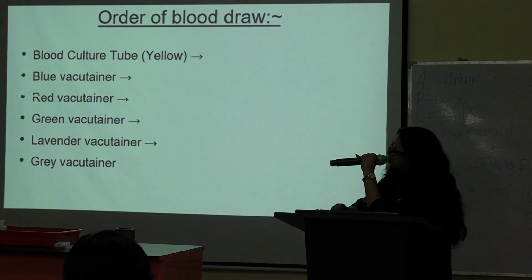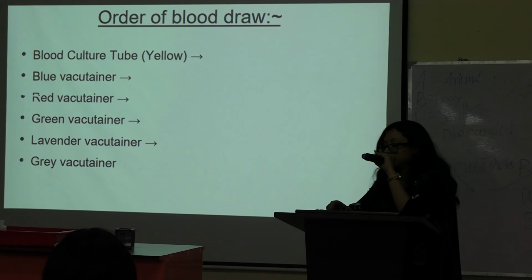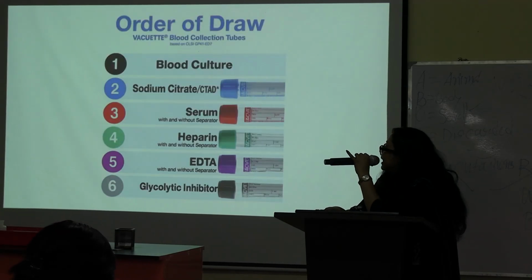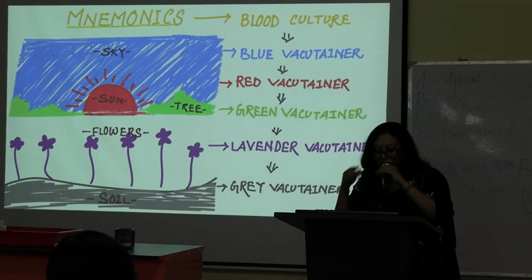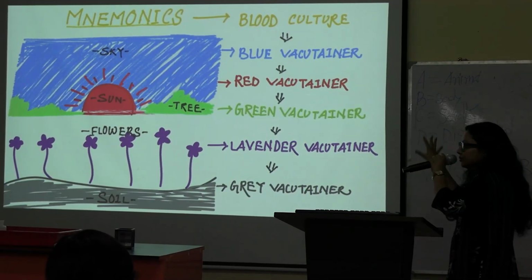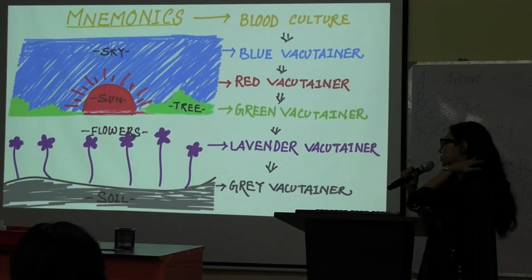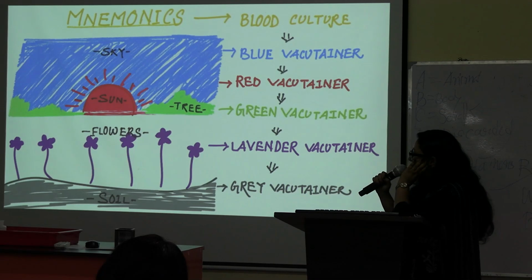So this is the order of blood draw. You have to master this slide also. So for this slide, I have got a mnemonic for you. Okay. So you just imagine this diagram, and you are sorted with everything. Okay, so one day you are sitting under the sky to enjoy the view.